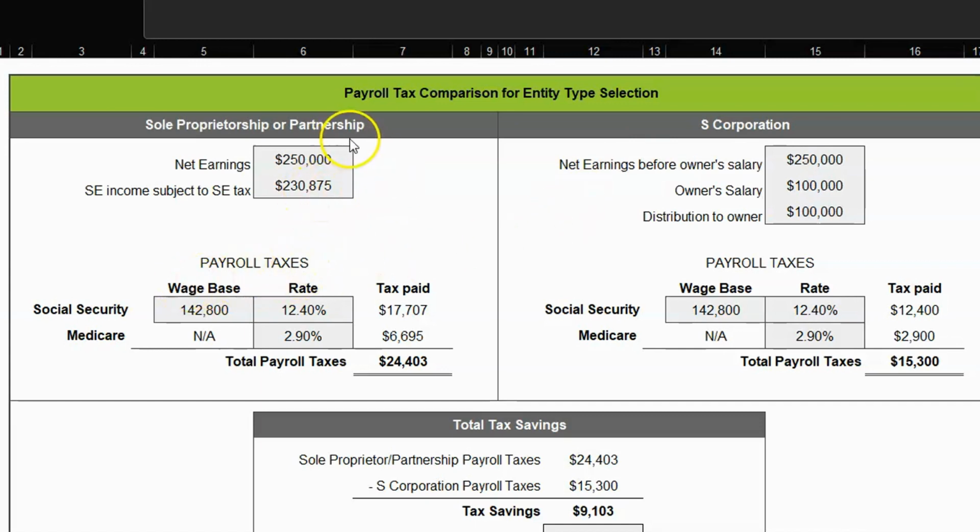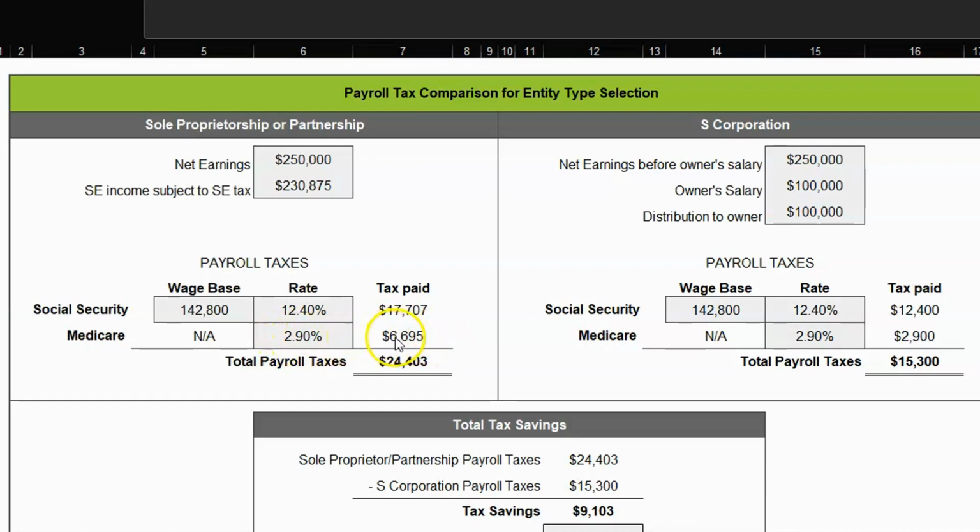Well, with partnerships and LLCs, they're subject to self-employment tax. If we look at the Social Security here, and this is 2021, it's $142,000, the Social Security rate is 12.4%. So the tax on this, and you max out at this $142,000, is $17,700. Then there's the Medicare tax, which is 2.9%.